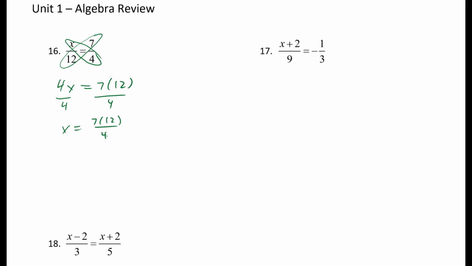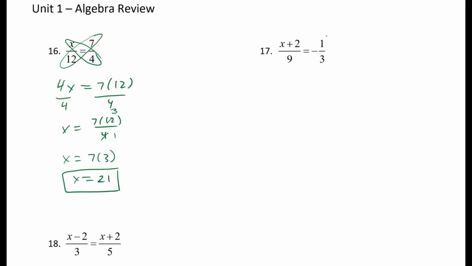And you can either multiply that out on a calculator, or I'm going to note here that 4 goes into 12 3 times, leaving a 1 at the bottom. And so x will just be 7 times 3, where x equals 21.